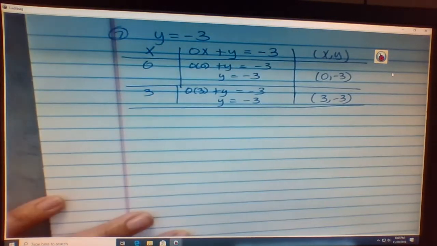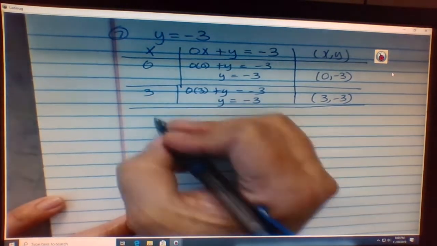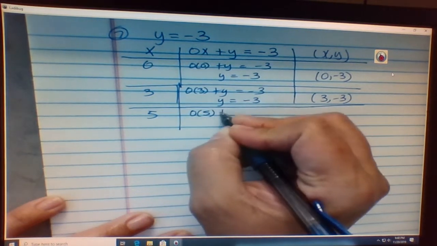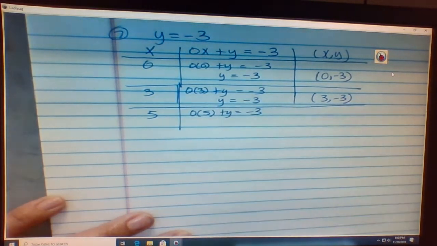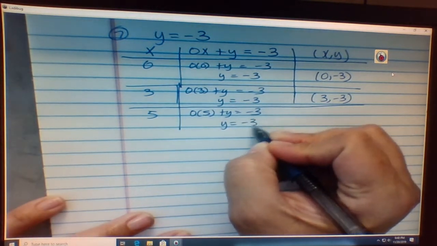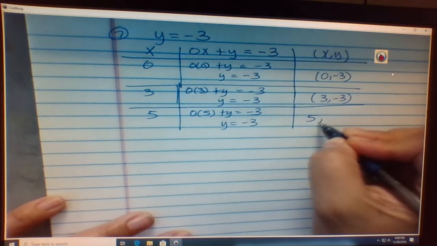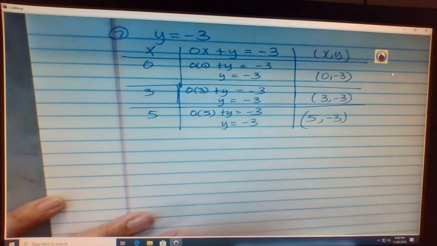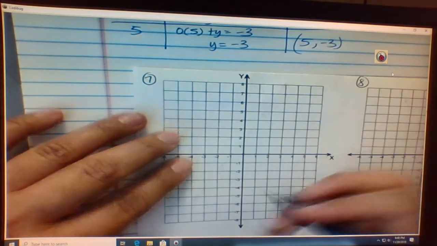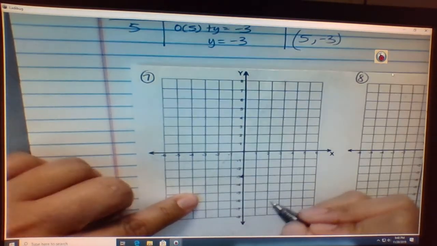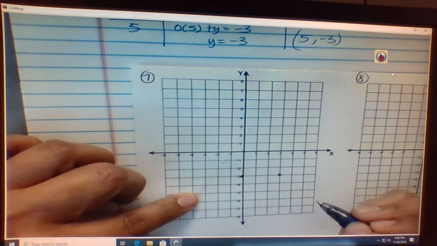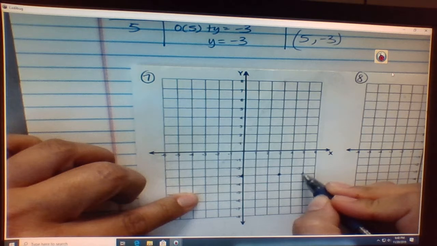Give me one more. 5. 0 times 5 plus y equals negative 3, but 0 times 5 is 0. So y again is negative 3. So when I graph this in number 7: (0, -3), bam. (3, -3), bam. (5, -3), point.